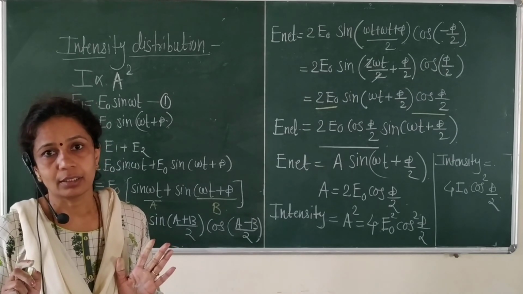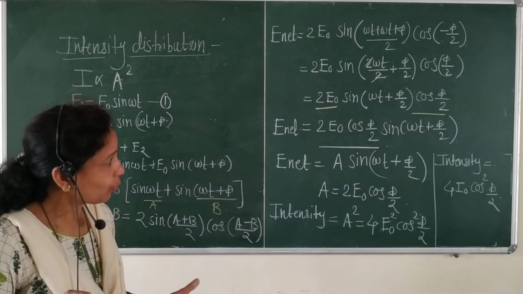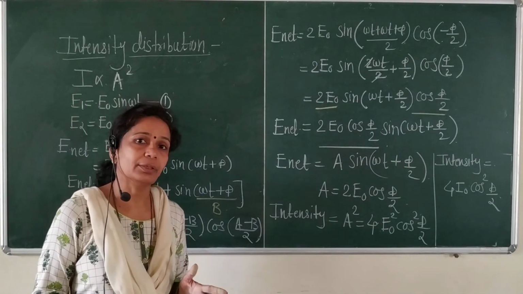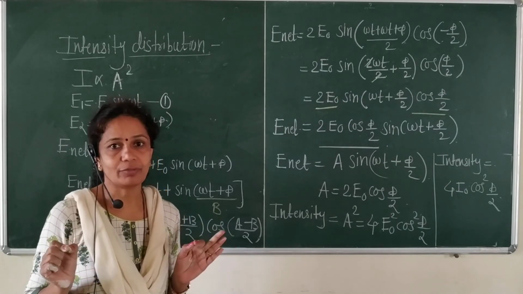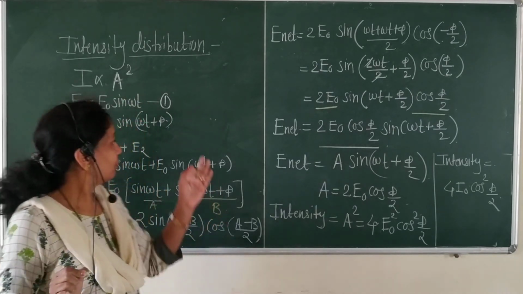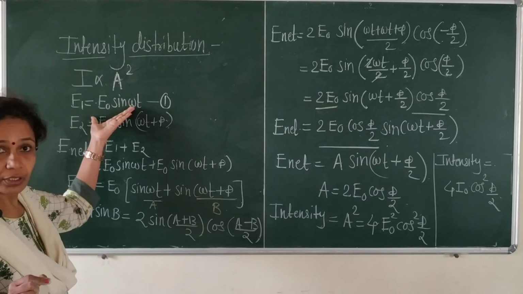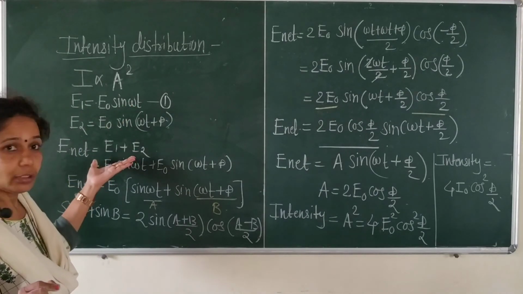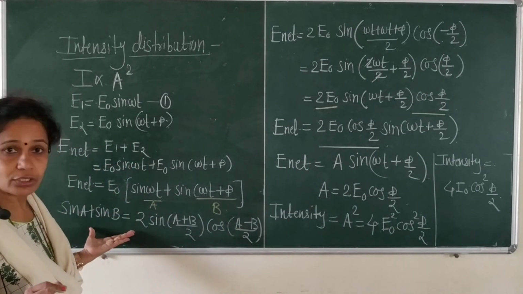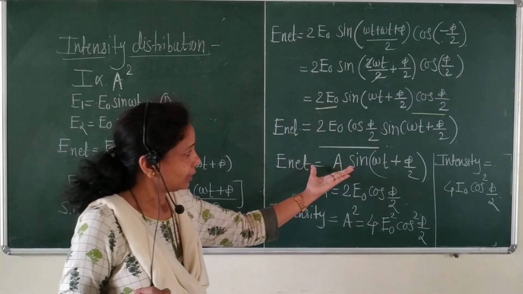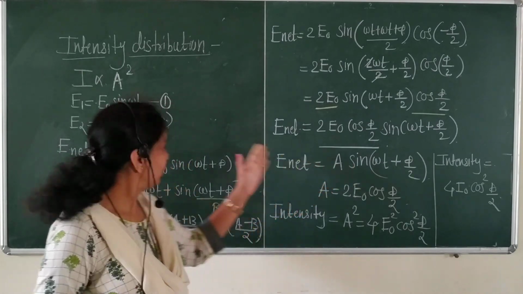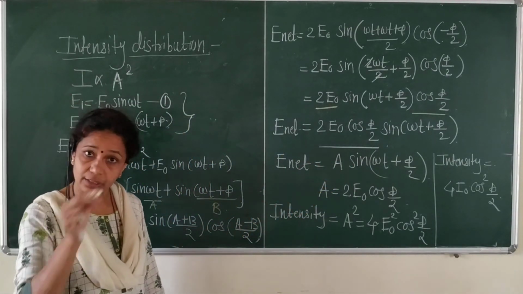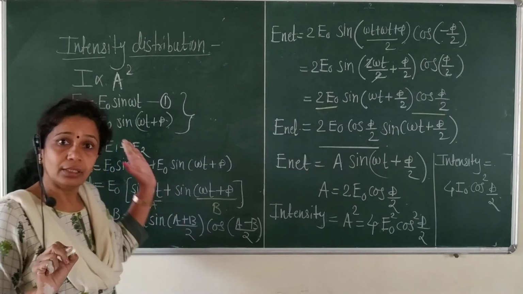Therefore, the important point is that the intensity of a wave is directly proportional to the square of amplitude. First write down these two equations of the wave, E1, E2, then E net is equal to this. Use this trigonometric formula, then we get this amplitude of a wave. हे दोन्ही इक्वेशन तुमचे सुपरपोजिशन ऑफ वेव्स मध्ये झालेले आहेत, ते कन्सिडर करूनच इथं मी ते लिहिलेले आहेत.